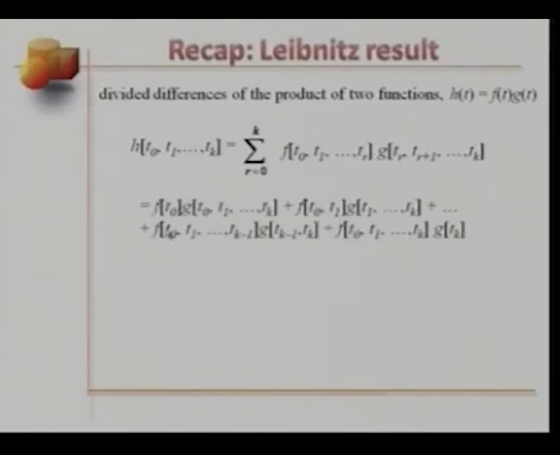The expression will read like f(t0) times g[t0, t1, up till tk] plus f[t0, t1] times g[t1 up till tk] plus quite a few more terms plus f[t0, t1, up till tk-1] times g[tk-1, tk] plus f[t0, t1, up till tk] times g(tk).